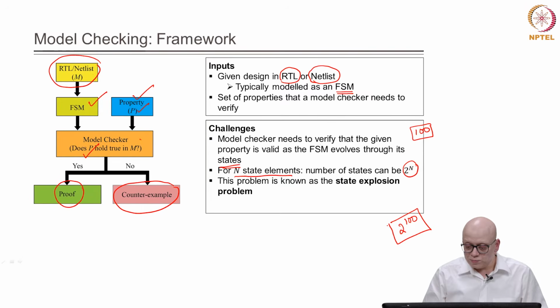So, this problem is known as the state explosion problem, meaning that there are lots of states possible for our circuit, and we have to look for the validity of this property throughout the state space.